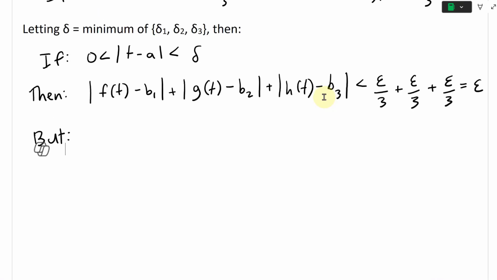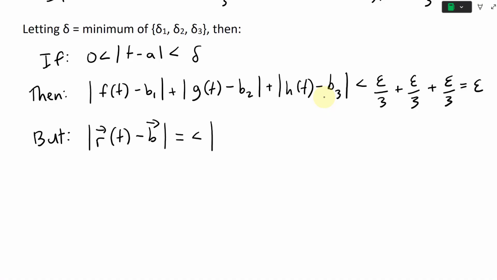The difference here, I'll just write this as the magnitude of the vector function r of t minus the b vector. Before I get to that, this in its component format is just, let's put the length outside of it.